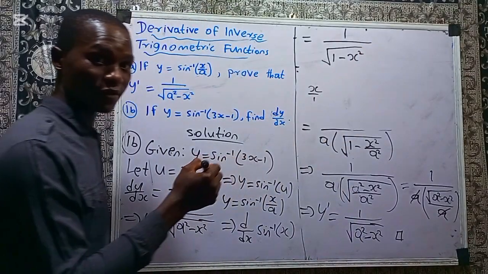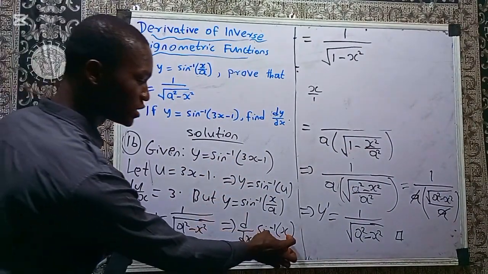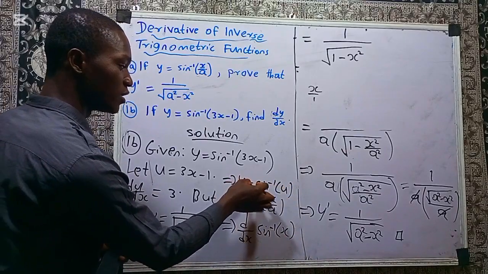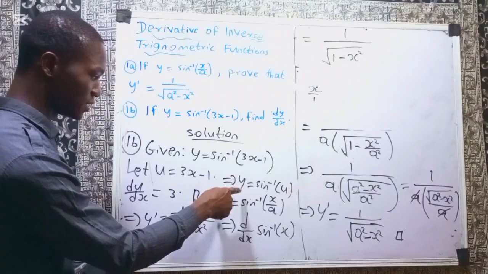So this is what we have now, but we want to use this result to get the derivative of sine inverse of u, right?